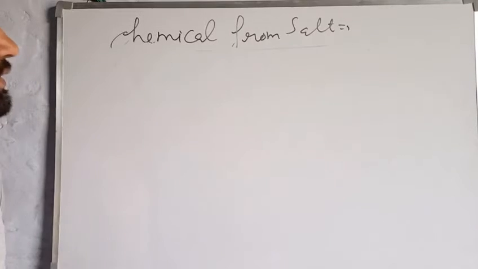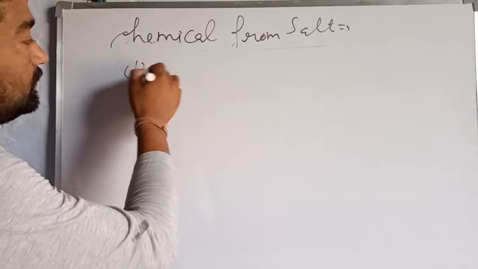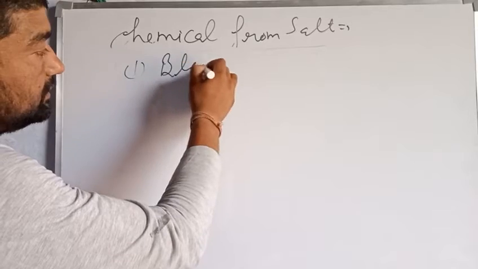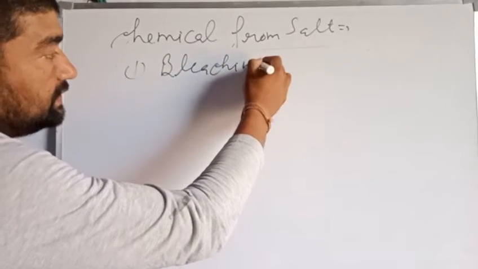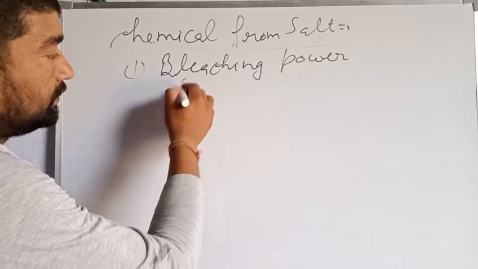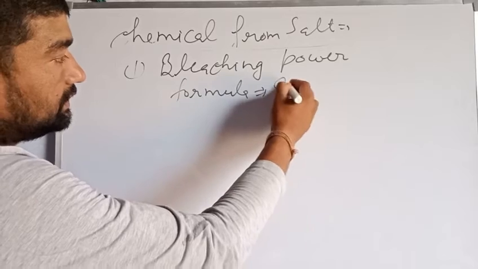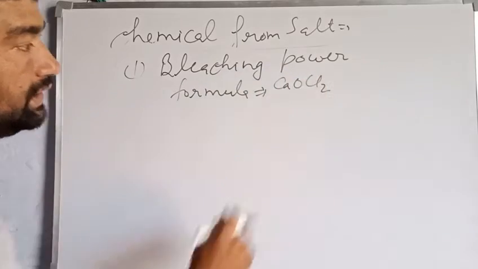Dear students, our next topic is bleaching powder. Its formula is CaOCl2.